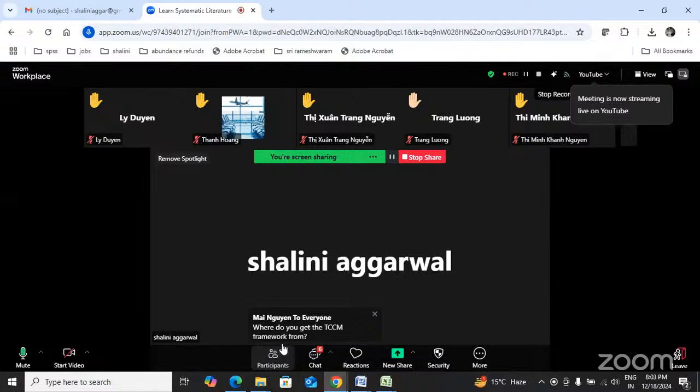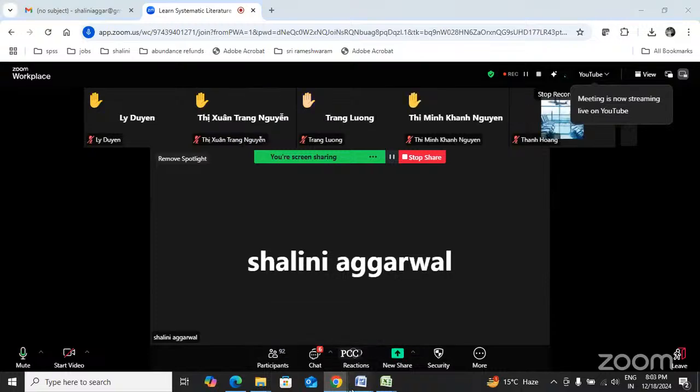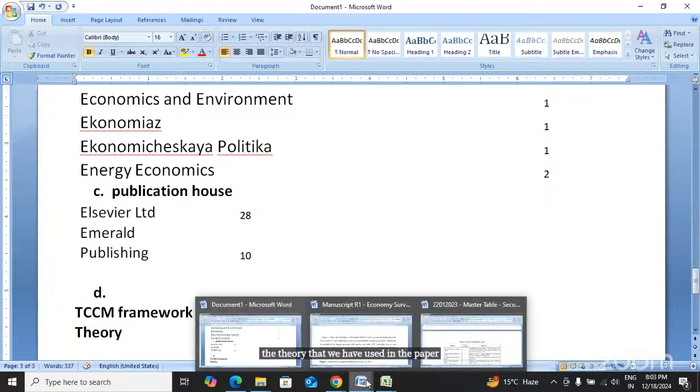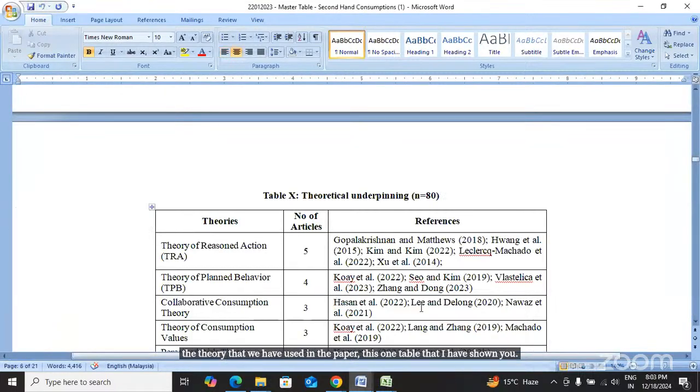So, TCCM is the theory. There is one question. Let me answer this. TCCM, the first part, is the theory that we have used in the paper. This one table that I have shown you is part of the TCCM framework. That is the theory. So we have already written the theory.